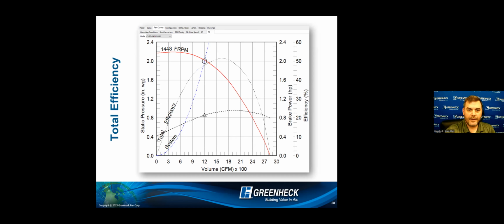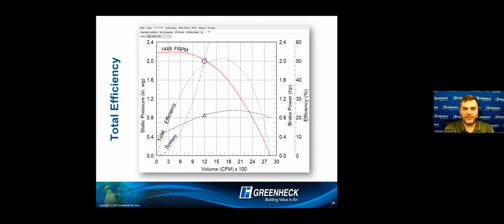All right. So static efficiency was looking at efficiency with only static pressure represented. There's also a total efficiency. And total efficiency is a summation of both static pressure, the system resistance, and the outlet velocity pressure, right? So now I'm taking both into account.